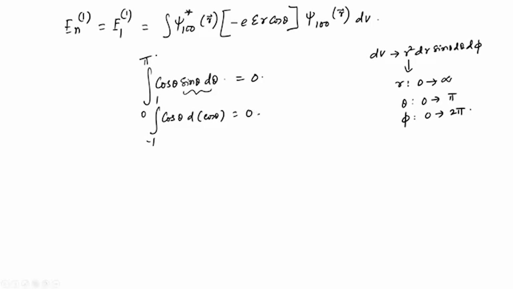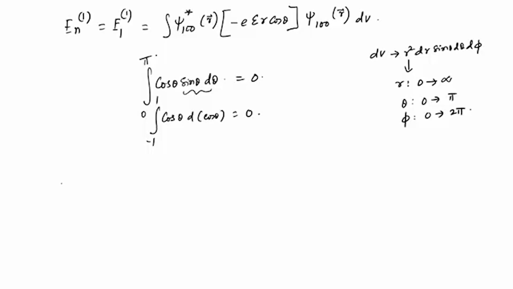So, that gives us a lesson that the first order energy correction to the ground state of the hydrogen atom is 0 due to a weak electric field. Okay. So, it says first order Stark effect on the ground state vanishes.